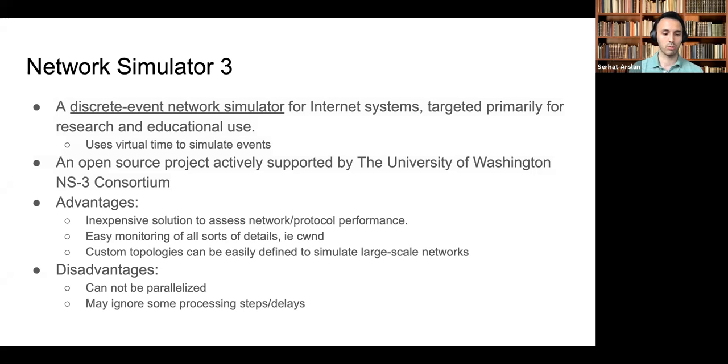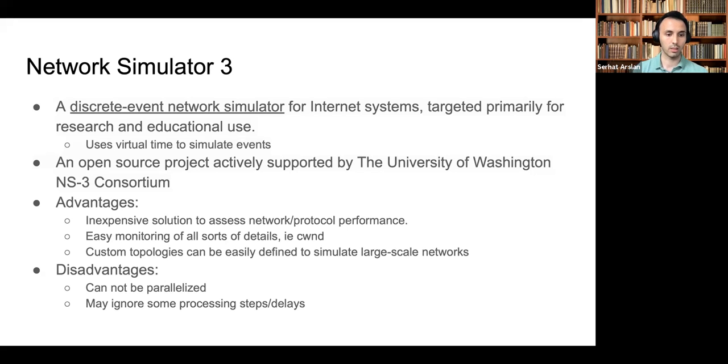We are able to set some trace sources, the word that's being used in NS3, that will keep track of the different variables at different layers of the networking stack, so that it'll be very easy for us.